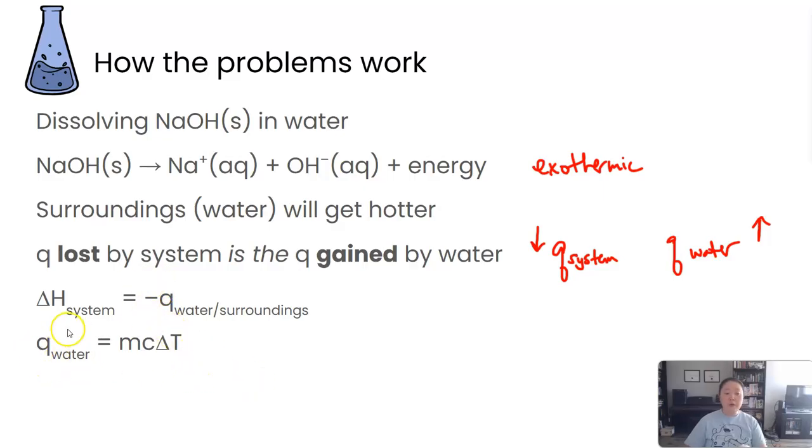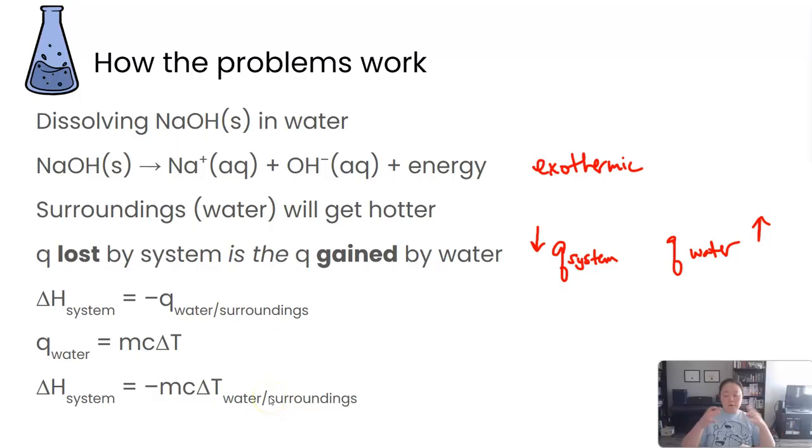Now from here, we know the heat change of the water based on the mass of the water, the specific heat capacity of the water, and the change in temperature of the water. And so, in most cases, the delta H of your system is going to be the negative m times c times delta T of your water or surroundings.